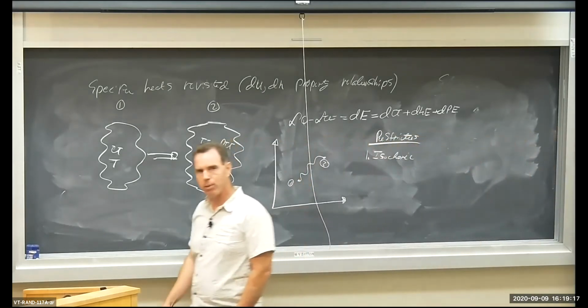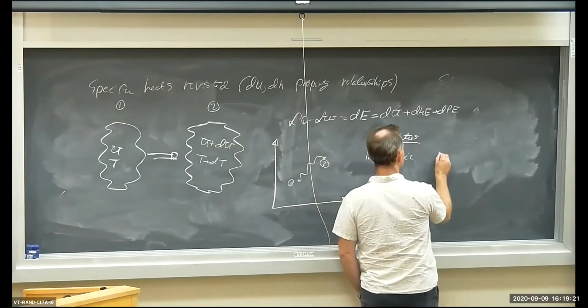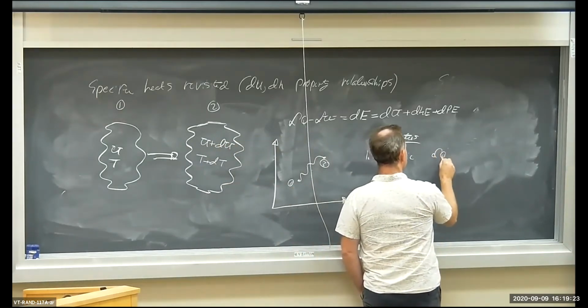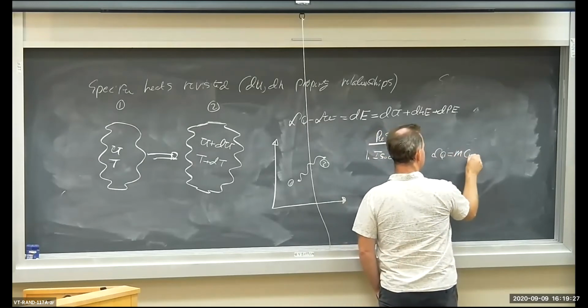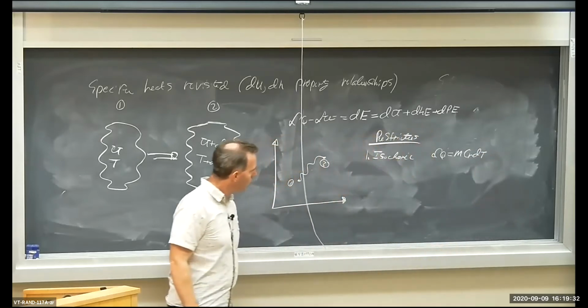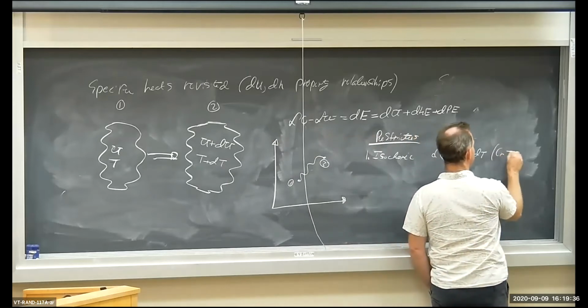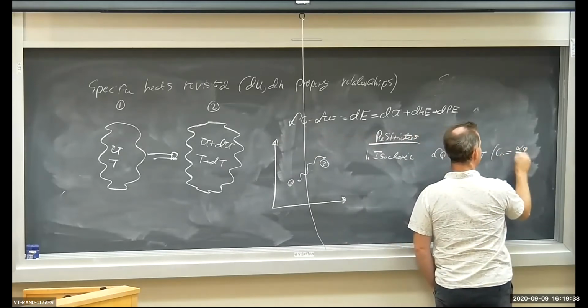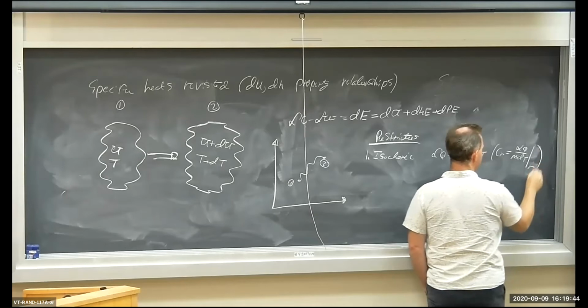Now, what does that imply? That implies that the little bit of heat transfer, del Q is equal to m CV dT, and that's the definition of specific heat. Remember, specific heat was defined as, let's see, CV was the little bit of heat transfer divided by the mass of the system times the differential change in temperature for a constant volume process.